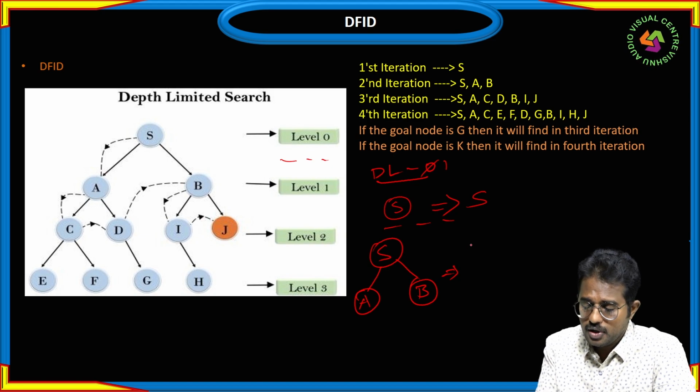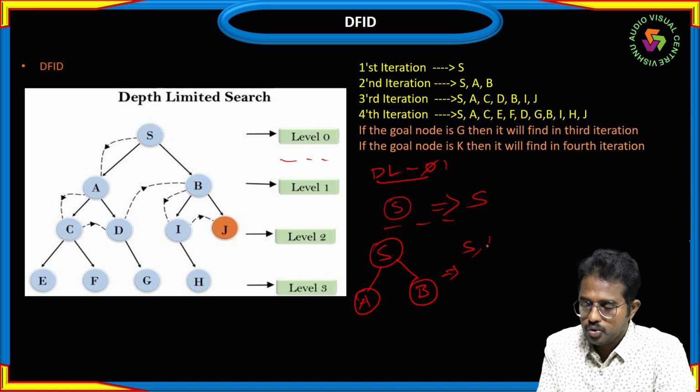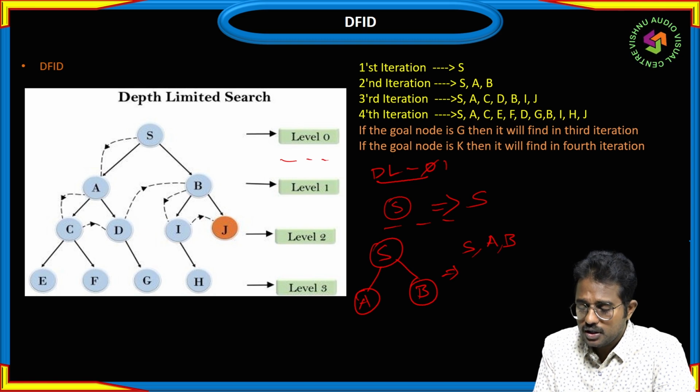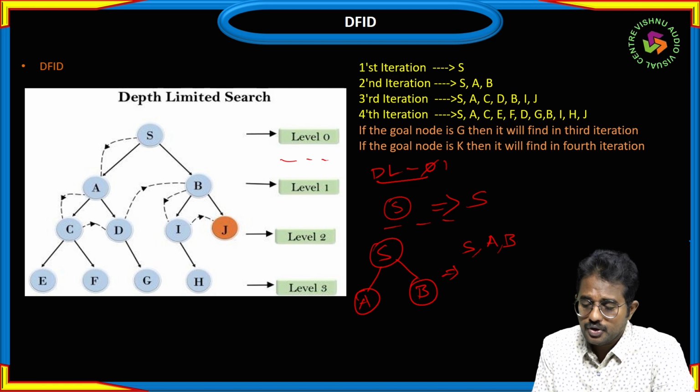First S is visited and checked, after that A is checked, and after that B is checked. After completing B, the open list will be empty, and we conclude that the goal node is not present in depth limit 1.